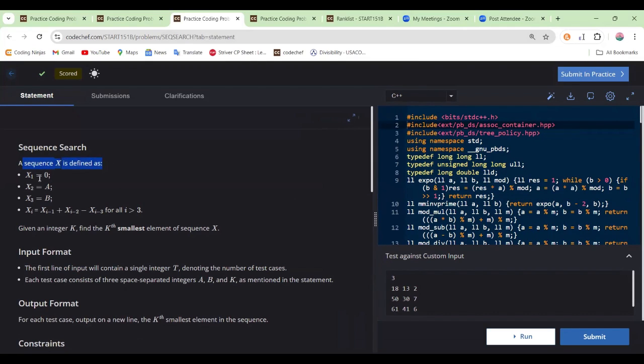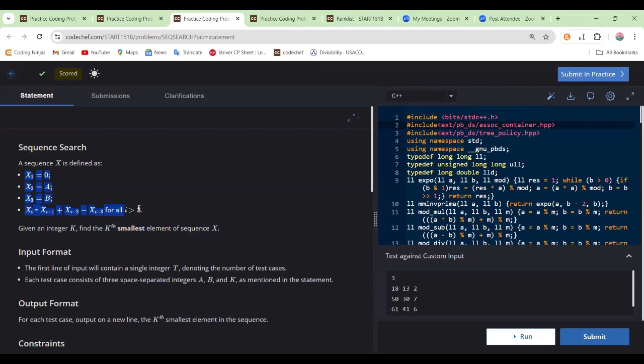A sequence X is defined as x1 equals 0, x2 equals a, x3 equals b, and xi equals xi minus 1 plus xi minus 2 minus xi minus 3 for all i greater than 3. So given an integer k, you need to find the kth smallest element of the sequence x.